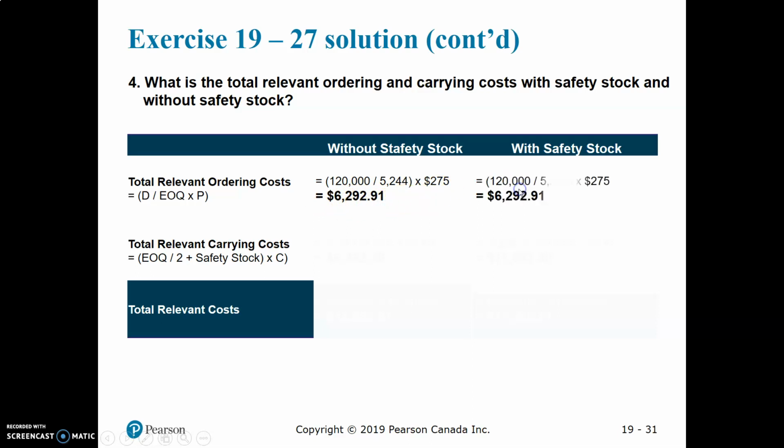For with safety stock, the answer is essentially the same because our relevant ordering cost really does not change with or without the safety stock.